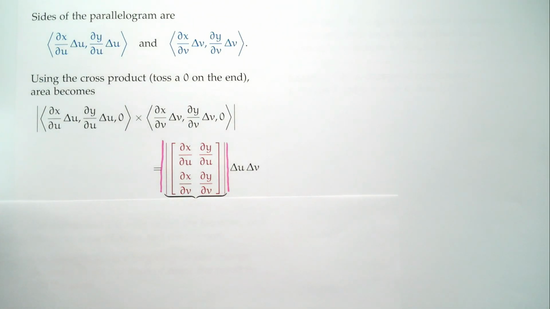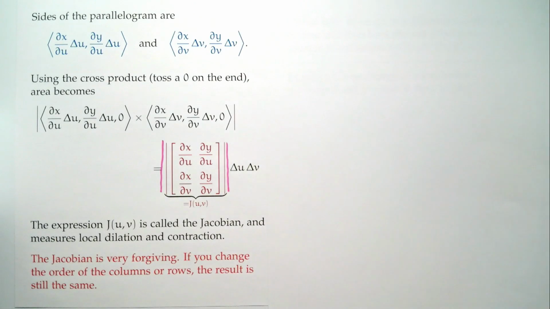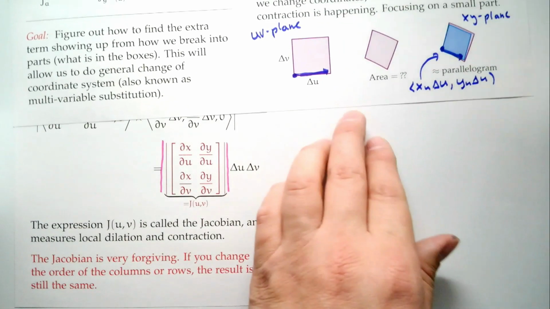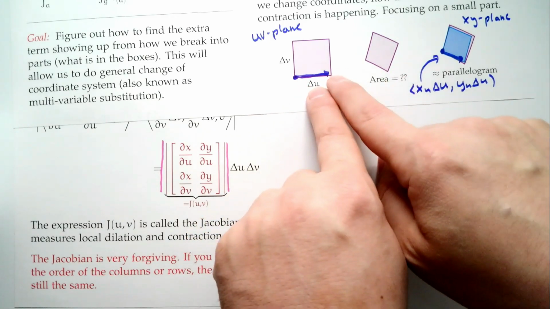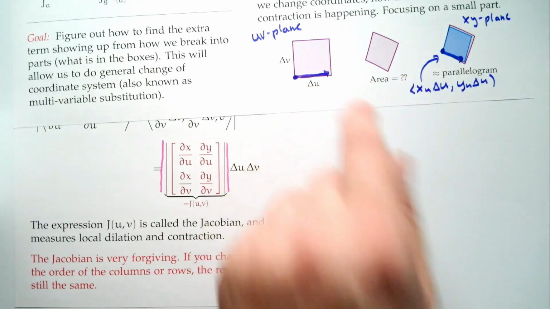Now, this has a name. It's called the Jacobian, named after a mathematician, and hence that's why it's capitalized. And what is it measuring? Well, in essence, if you look at the picture we started with, let's put the picture back up here for a second, you can actually just eyeball these and say, hold on, it changed size.